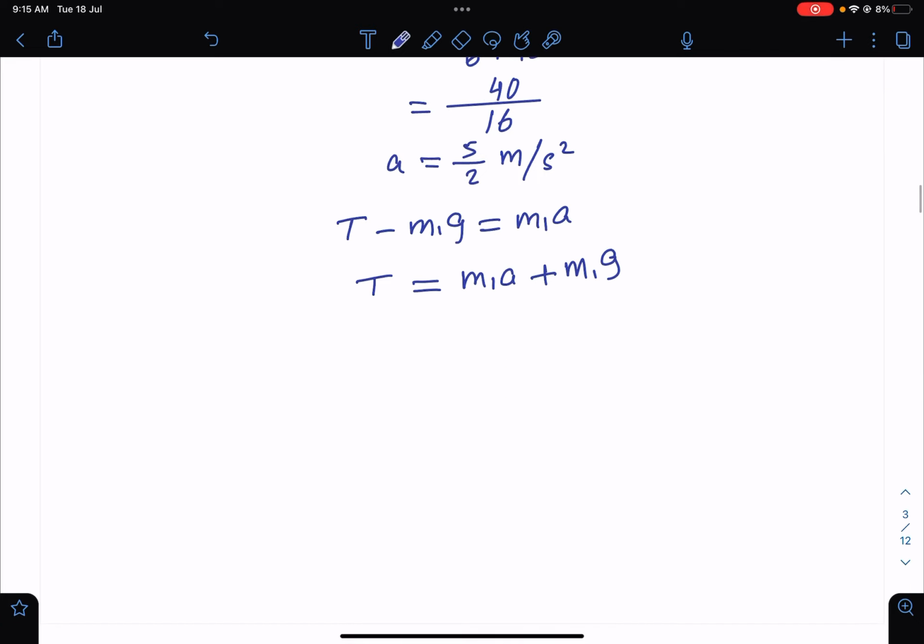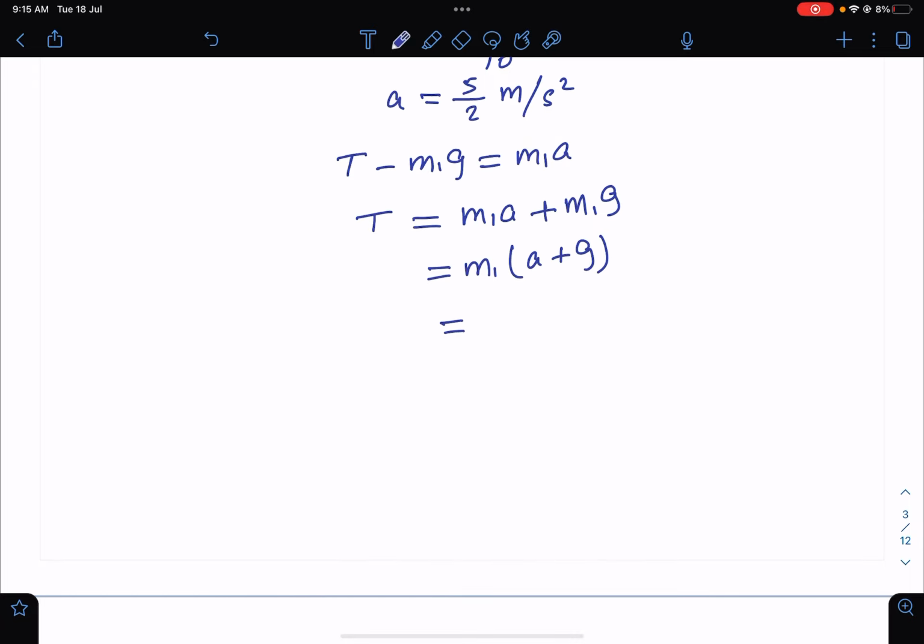And we can take M1 as common factor, A plus G. So we're going to get 6 times 2.5 plus 10. So 6 times 12.5. 6 times 12.5 is 75. And that's it.